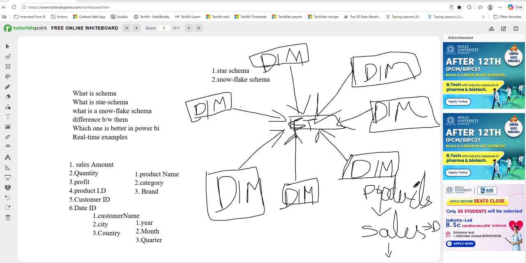Sorry, my handwriting is not good here. Here you can take like customer details. Customer column is there, and here employee name is also there.